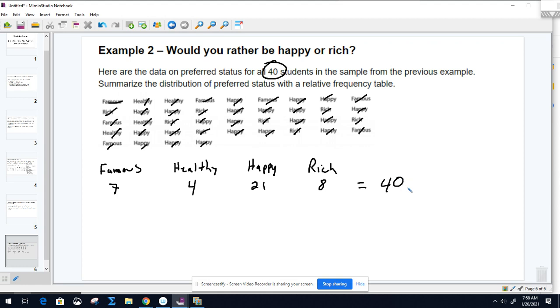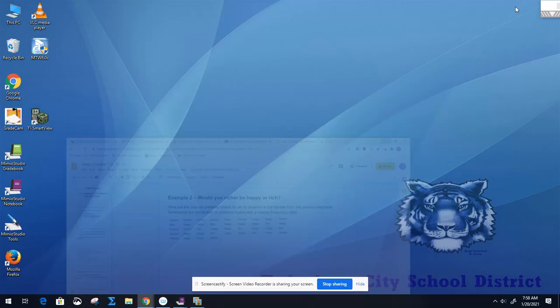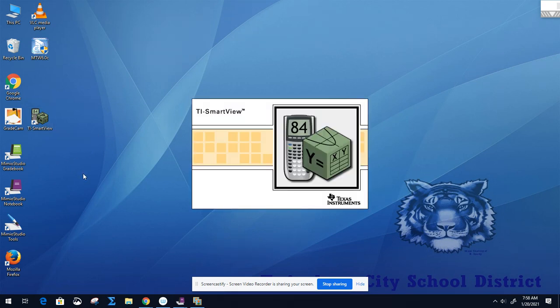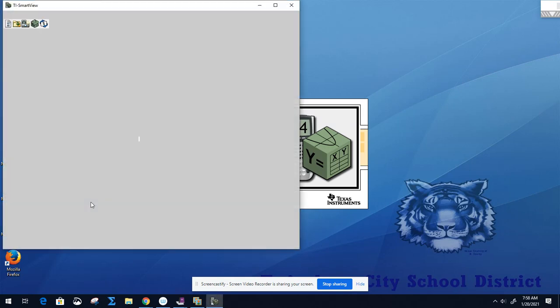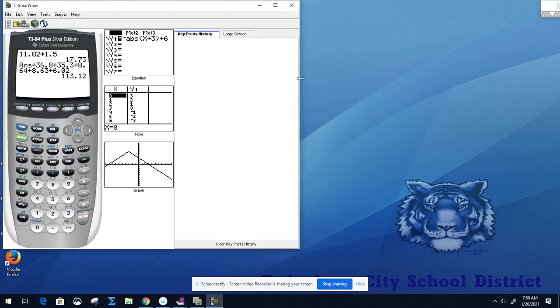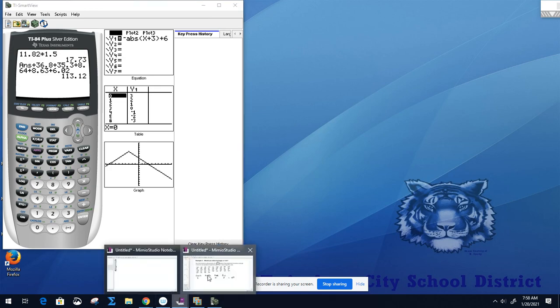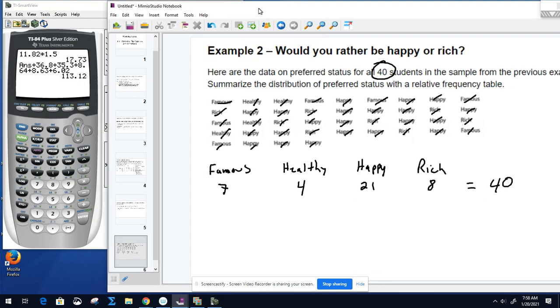Now, to get the relative frequency, we are going to take the number that we got and divide that by 40. So get the calculator out. So we've got the calculator.